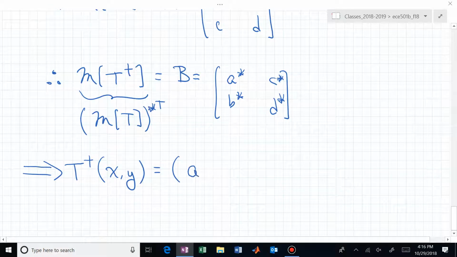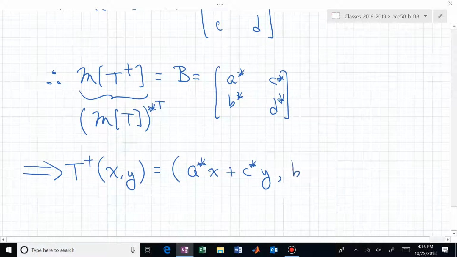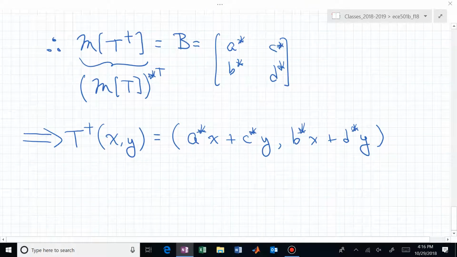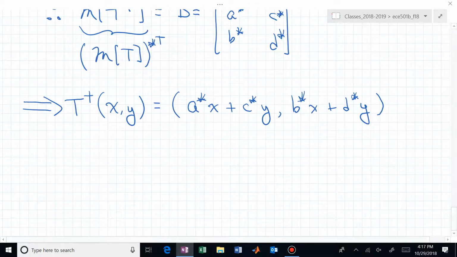So this will be A conjugate X plus C conjugate Y. Second coordinate is now B conjugate X plus D conjugate Y. Everybody okay with that? So that's now the adjoint of the original linear map for this operator over a field that's complex.